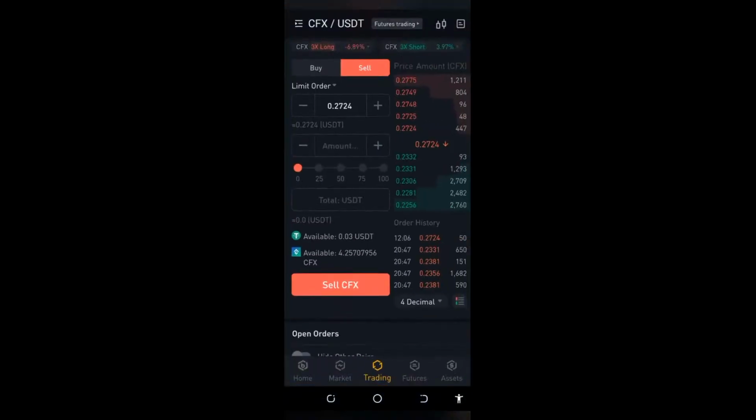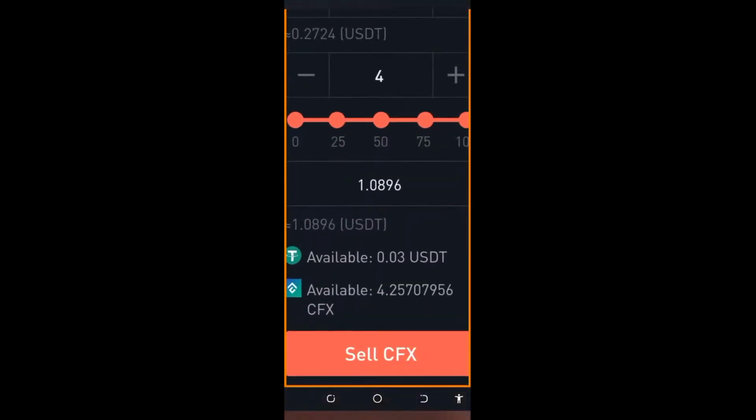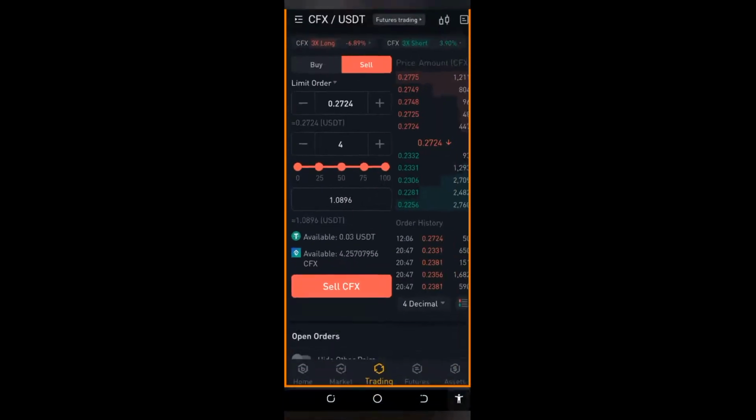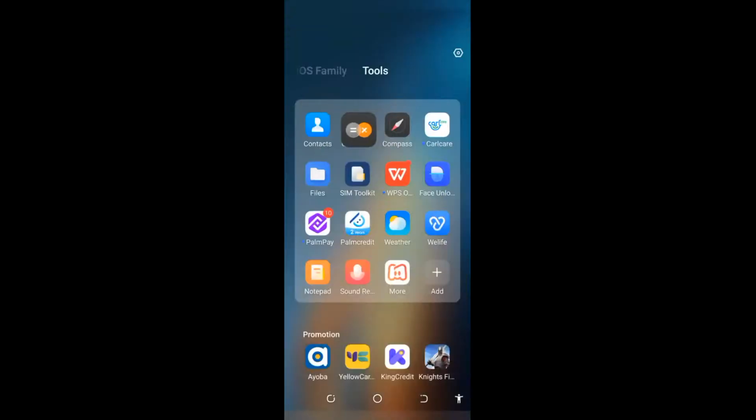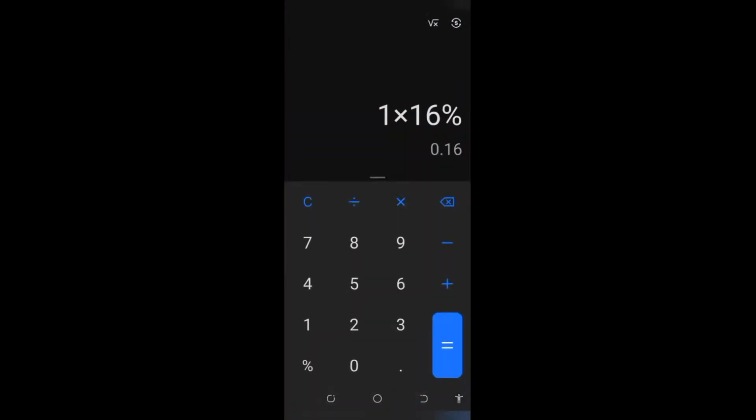So if this is really true of the 16%, that means that if I try to sell this, for instance, see what we have. We've got $1.08. $1.08 is good, because if I calculate it, that's 1 times 16%. Oh, it's not giving us, okay, this is supposed to be $1.16.